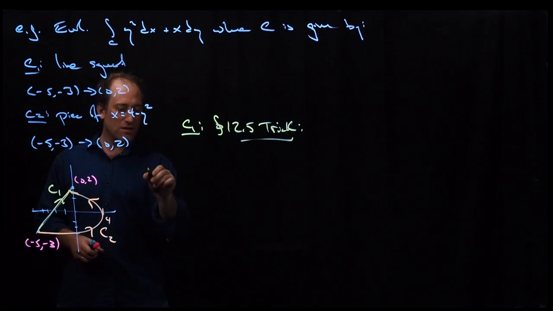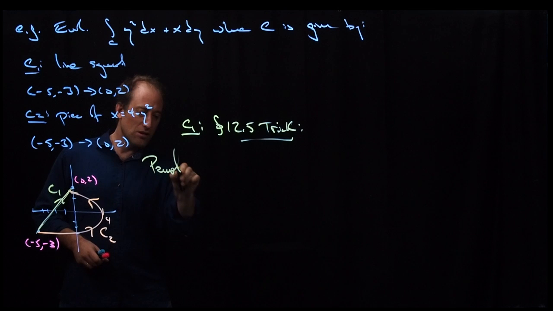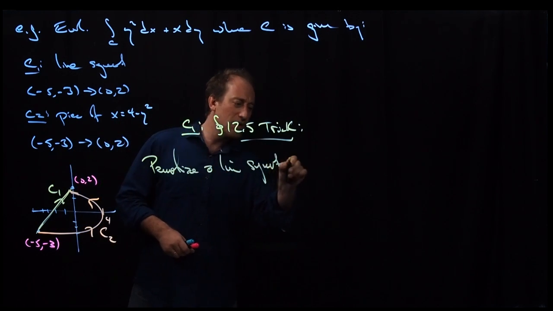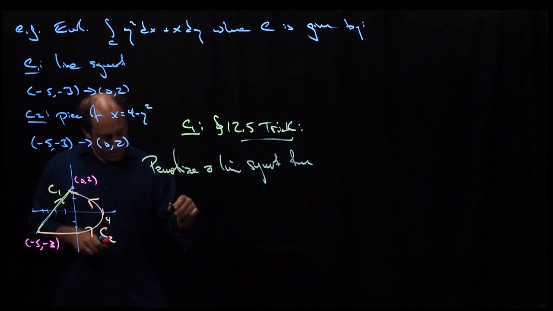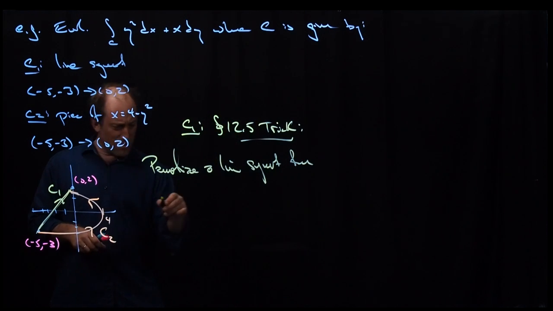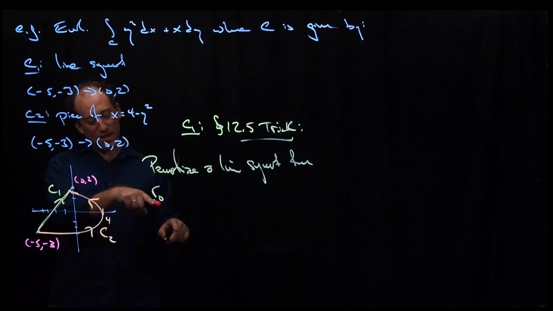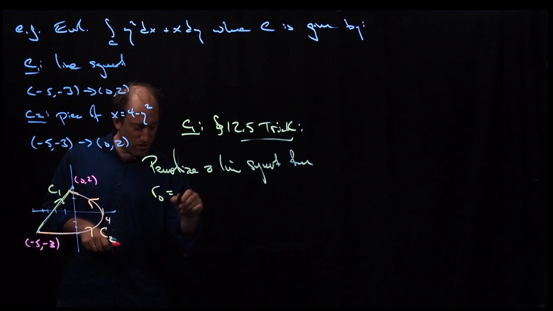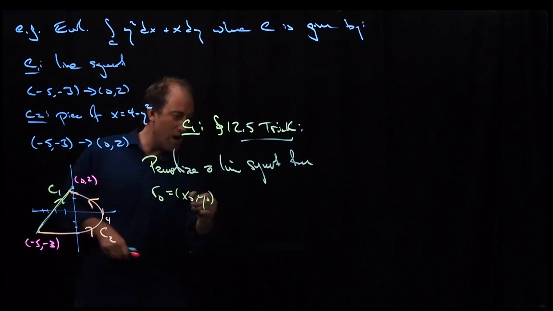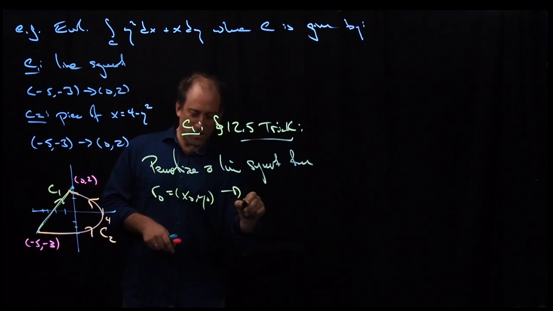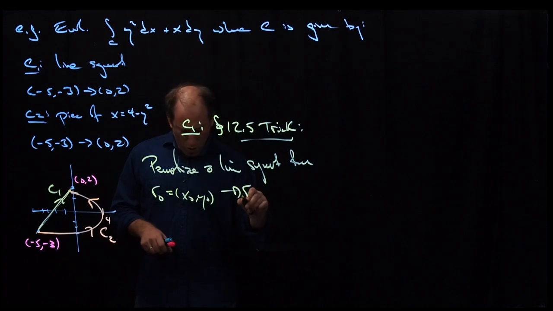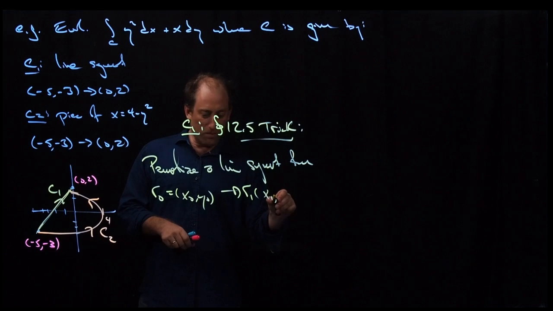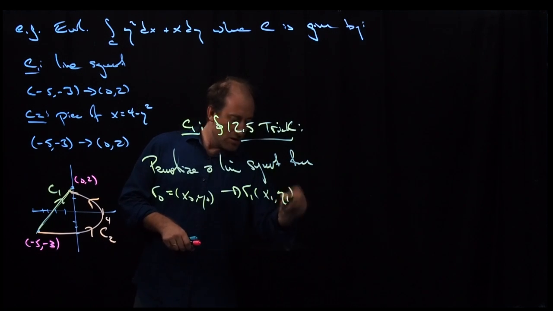Namely, I want to parameterize a line segment from R0, which is the position vector corresponding to the point (x0, y0), and I want to go to R1, which is the position vector corresponding to the point (x1, y1).